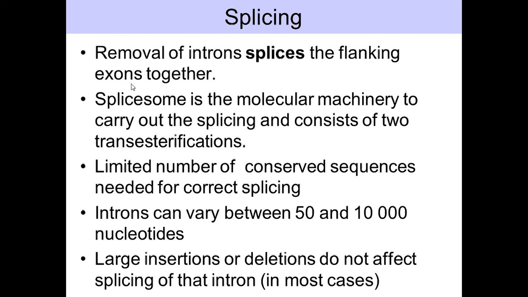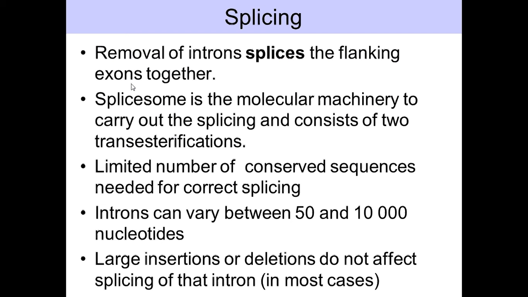There needs to be a very small amount of conserved sequence in the intron for correct splicing to occur. So if the intron is supposed to be 10,000 bases long but is only 2,000 bases long, it's okay most of the time, and it won't affect the genes that are in the exons.